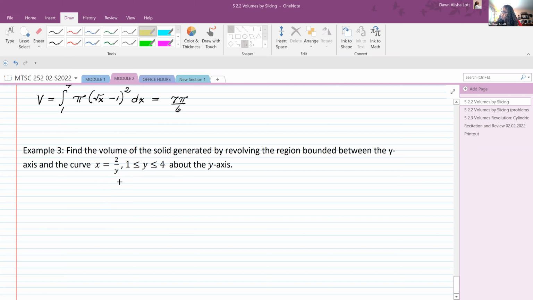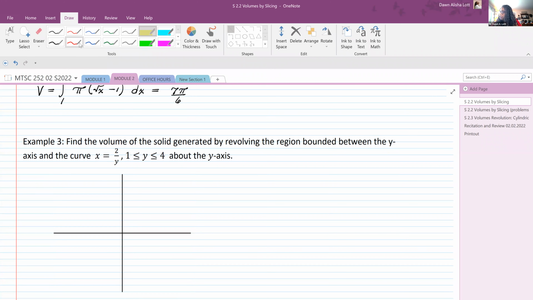So this is the curve y equals 2 over x, or x equals 2 over y. Okay, so y equals 2 over x looks like this. And of course, there's another part over here that I'm not going to worry about.